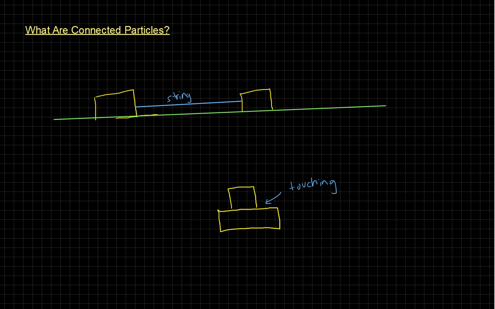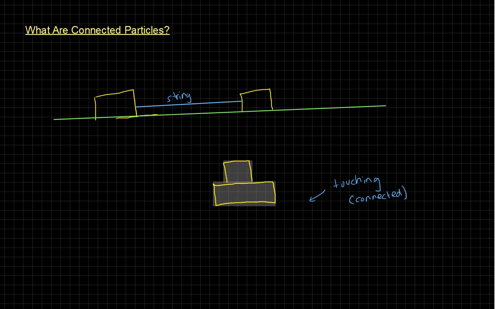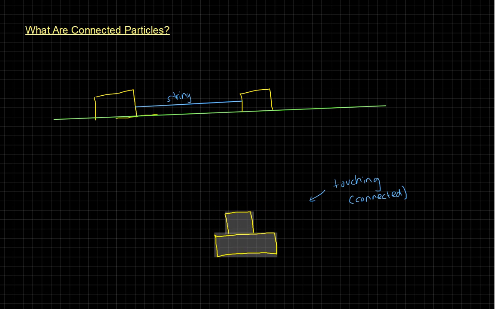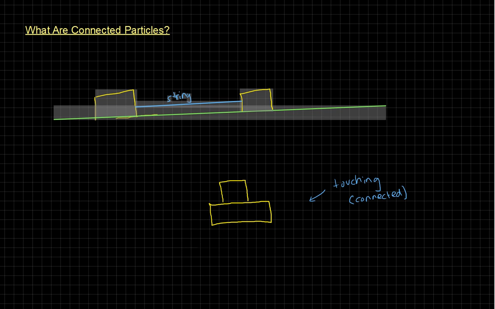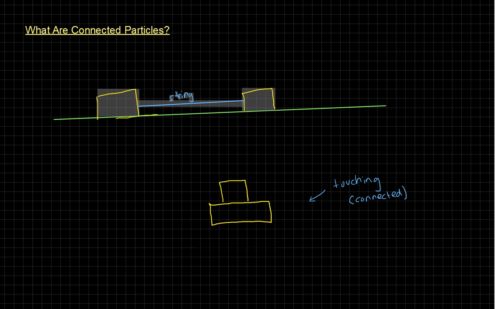Because they're touching, they therefore count as connected, which makes sense because if you imagine I move the bottom box upwards, then the little box is going to move up with it as well, isn't it? And similarly, if I move the bottom box downwards, then the box on top is also going to follow suit, or at least if there's gravity, it's going to stay connected to it in some sense. All right, so there's a connection going on while they're touching, they're connected. And then similarly, if you've got a string between two objects, they're also connected. Okay, so that's generally what we mean by connected particles.